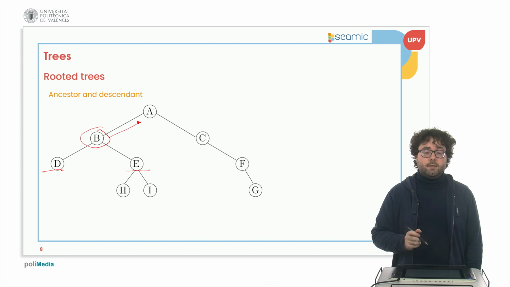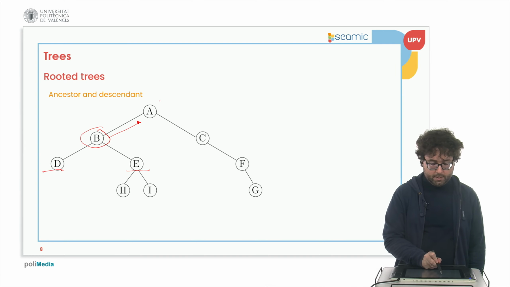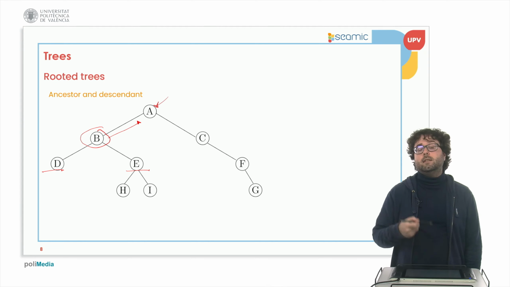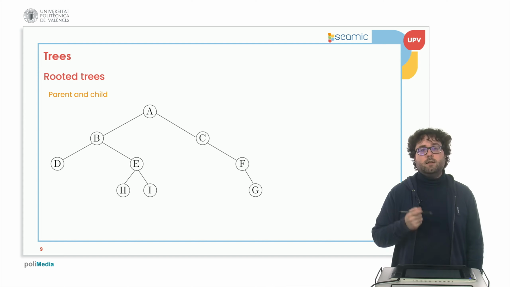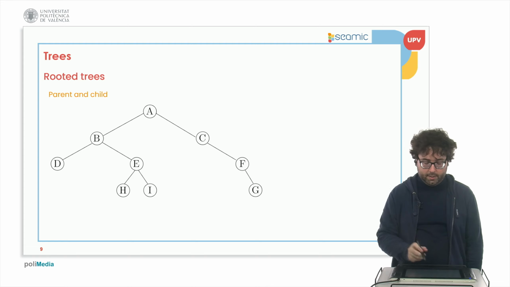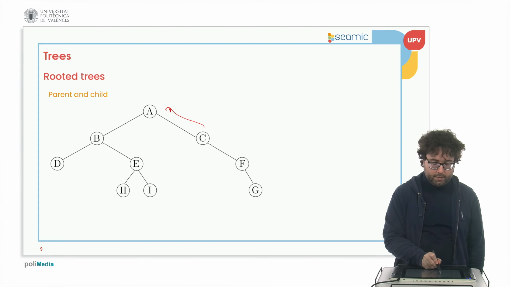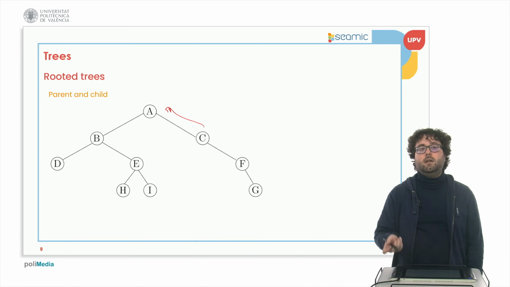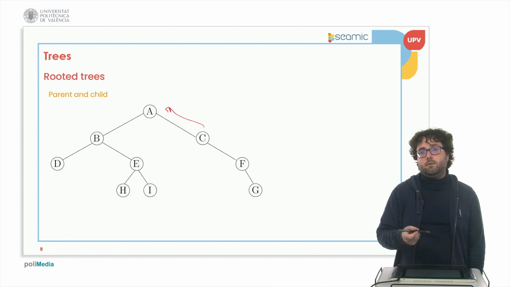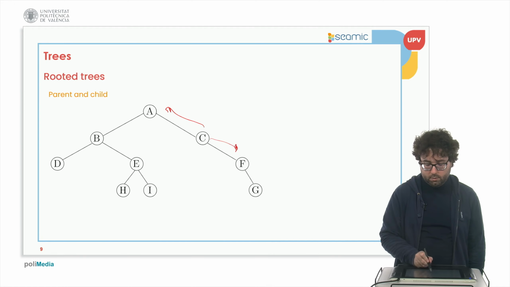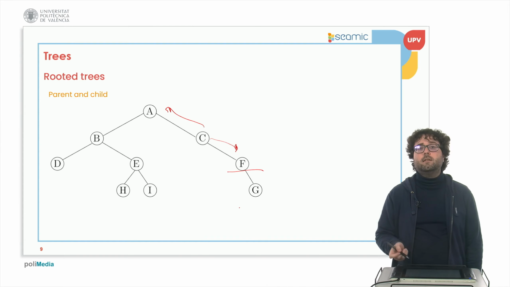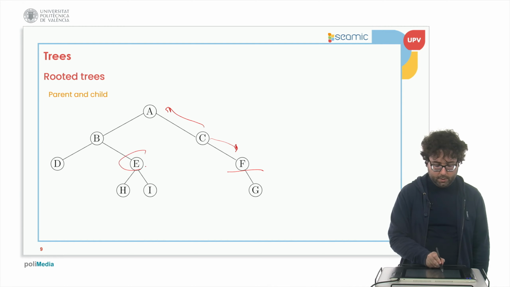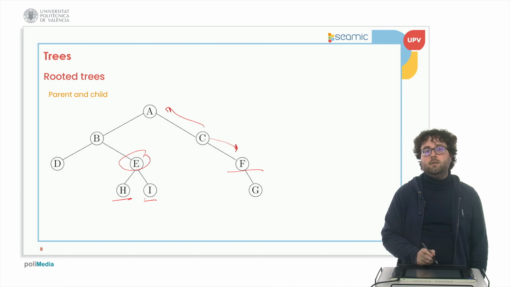The exception to this that we have already seen is the root node, that does not have any ancestor. Similar to this, we have the concept of parent and child, which basically, given a node, its parent is its ancestor, and its child or children are the nodes that go from there. In this case, C has a single child, and for example, E would have two children.